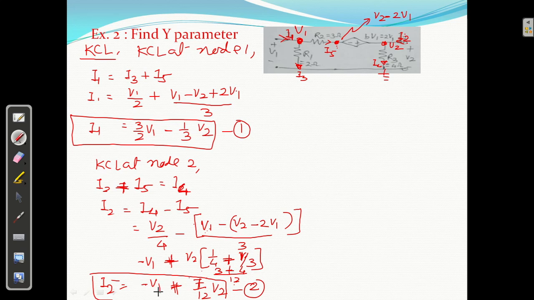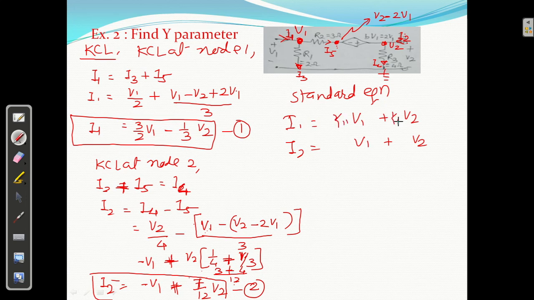And this minus. So I am getting it by comparing with the standard equation. If you compare with the standard equation, what is the answer you will get? What is the standard equation? I1 and I2 will be represented in terms of V1 and V2: Y11, Y12, Y21, Y22. This is the standard equation.